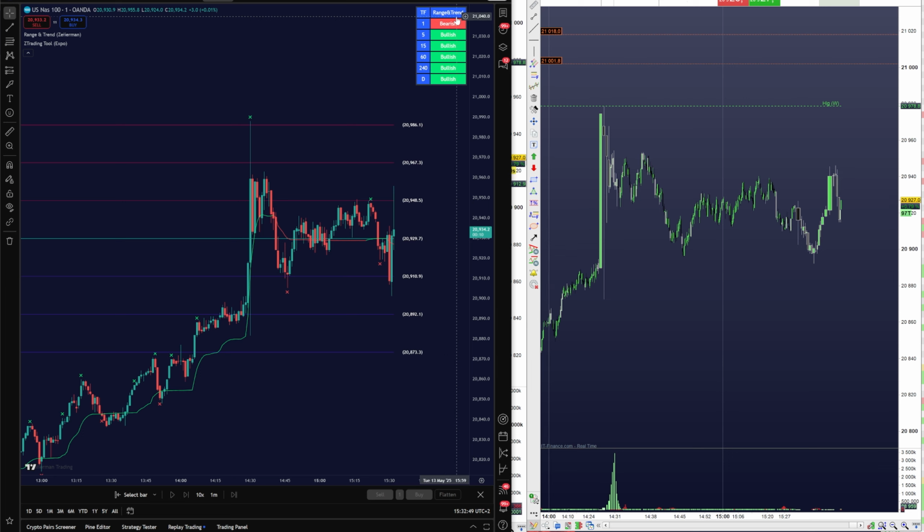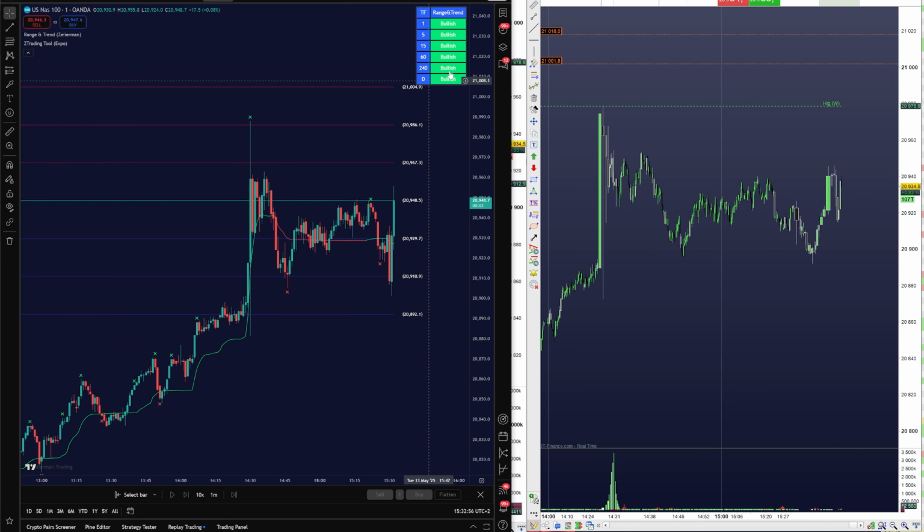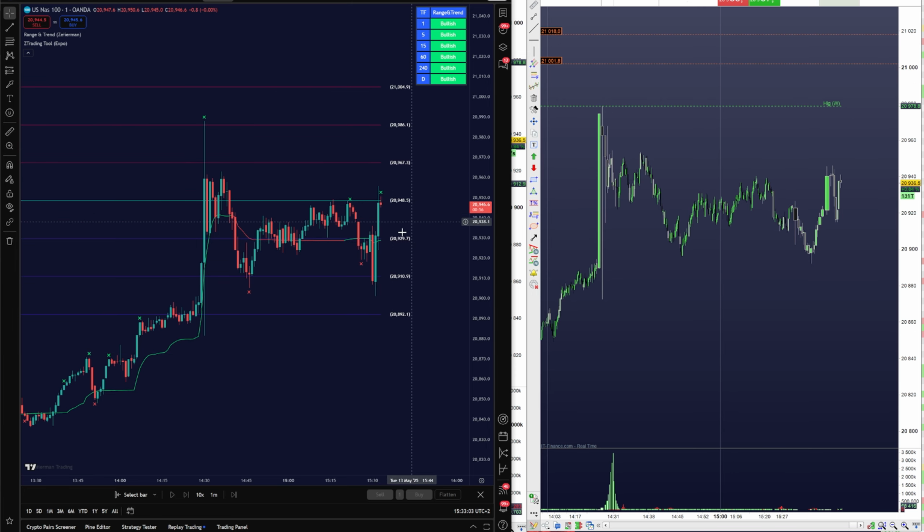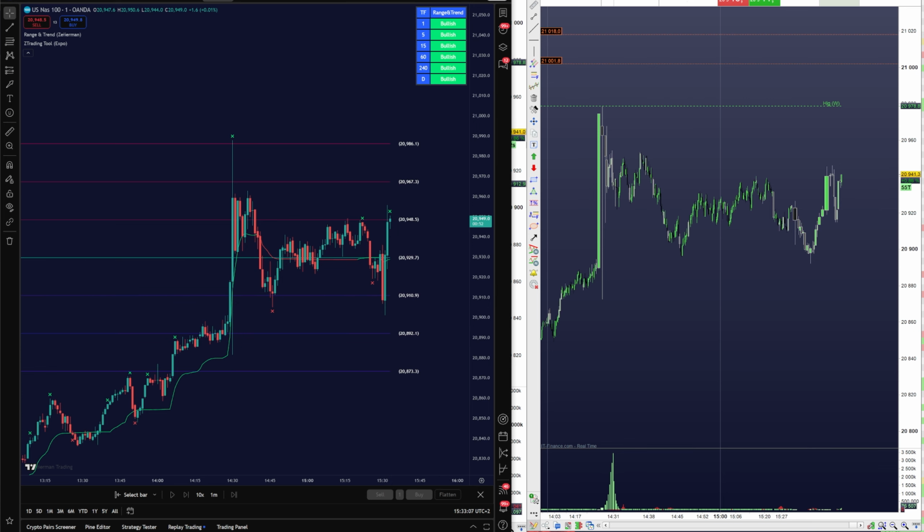Right now we can see that we are bearish in the 1 minute time frame. So let's wait and see. I just turned bullish. So if we get a pullback back down and we get a red exit point printed, that would be a sign of entering long.